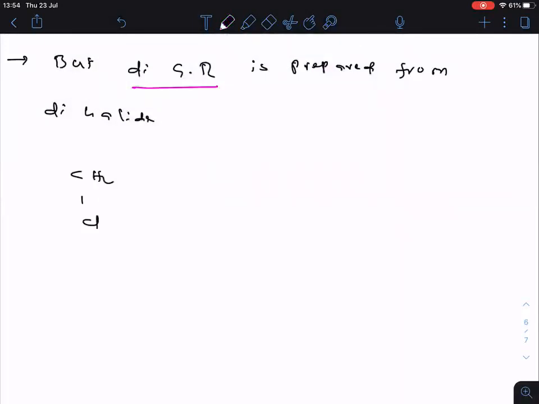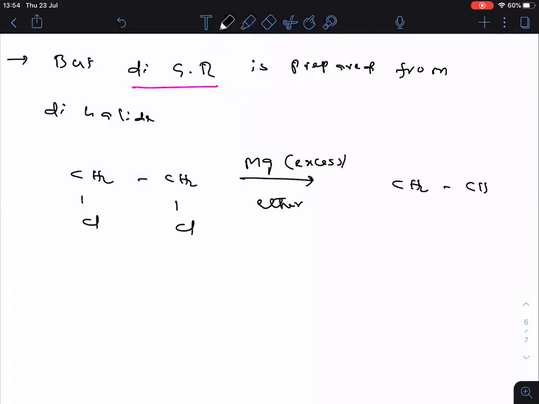So now CH2Cl, then CH2Cl. If we take excess of magnesium in ether, so magnesium is excess, therefore what happened?